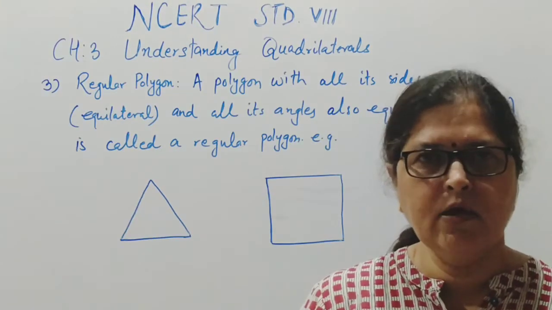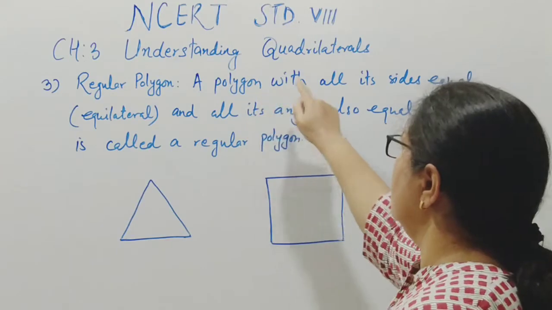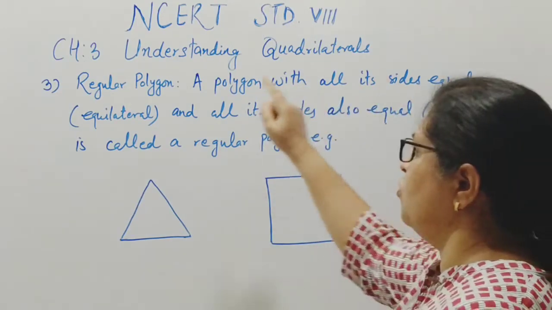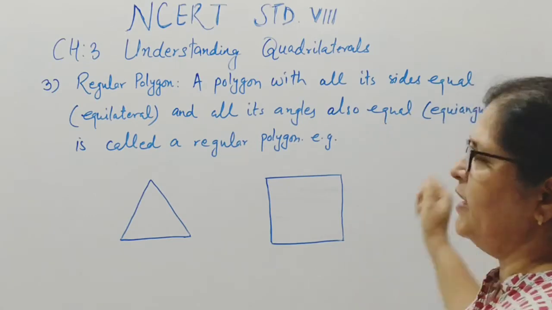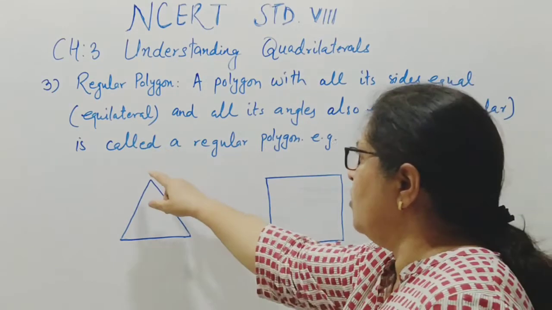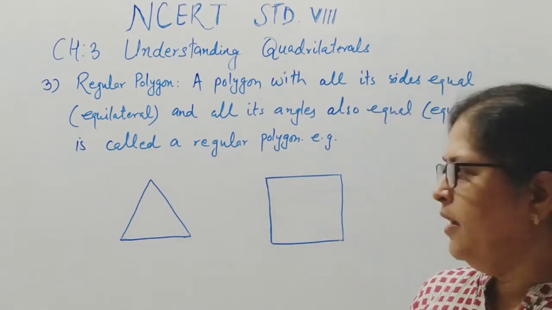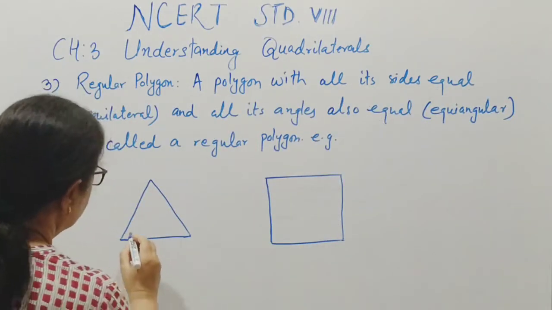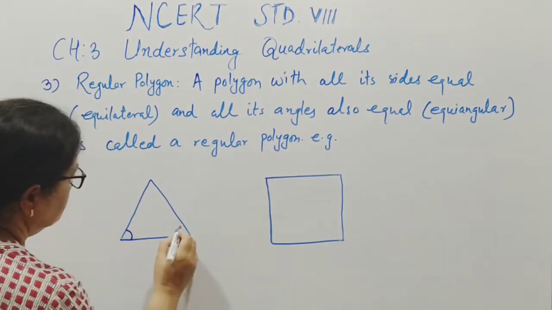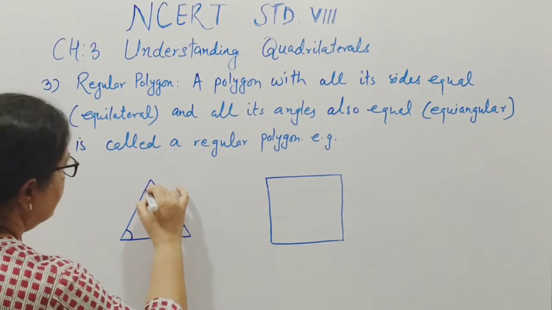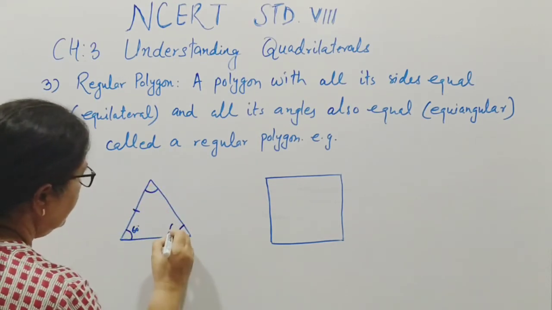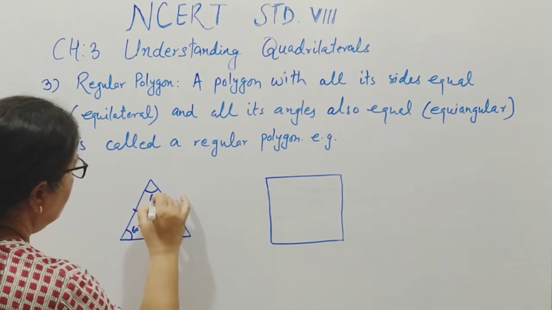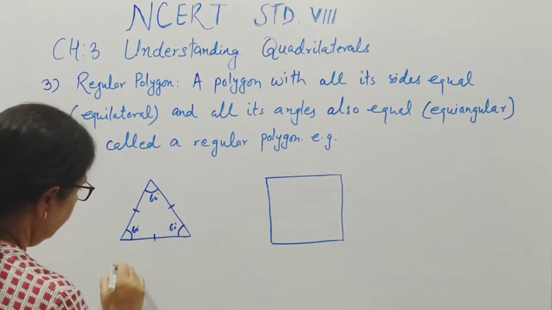Number three, regular polygon. A polygon with all its sides equal, that is equilateral, and all its angles also equal, that is equiangular, is called a regular polygon. Here, this is an equilateral triangle. All its angles are of 60 degree and all its sides are equal in length.